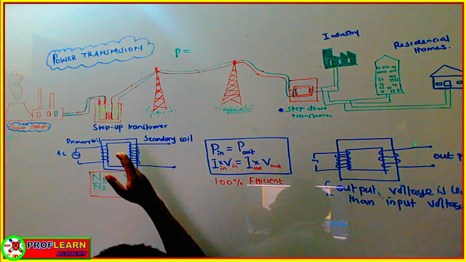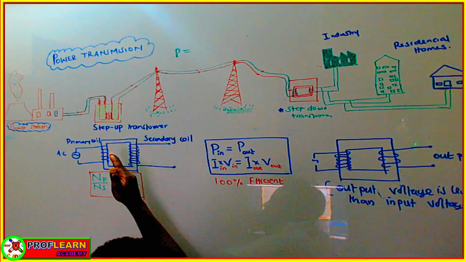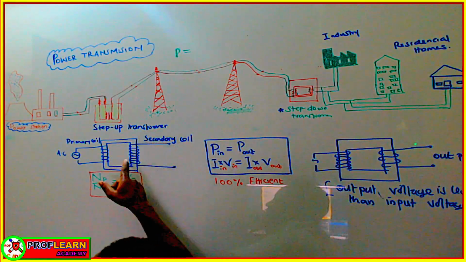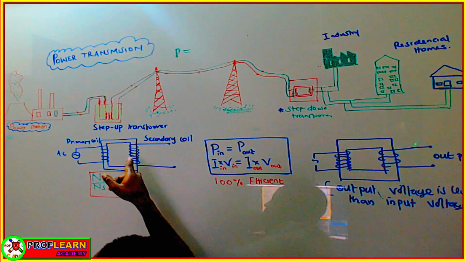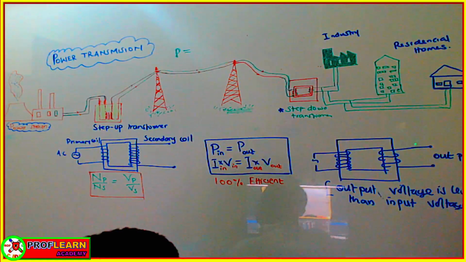And now when fields cut across the secondary coil, a voltage is induced in the secondary coil, which results in the flow of current. So something that you need to appreciate is that when a field cuts across a conductor, then a voltage is induced in that conductor. That voltage is the one that results in the flow of current.